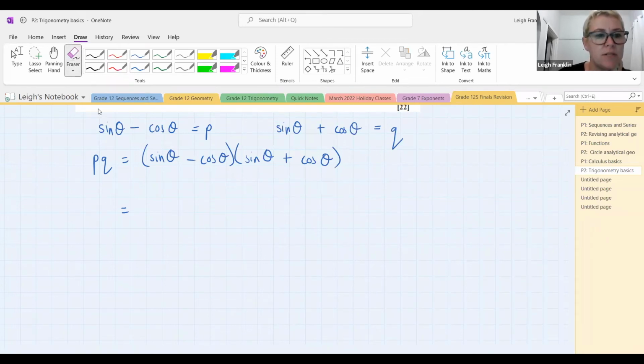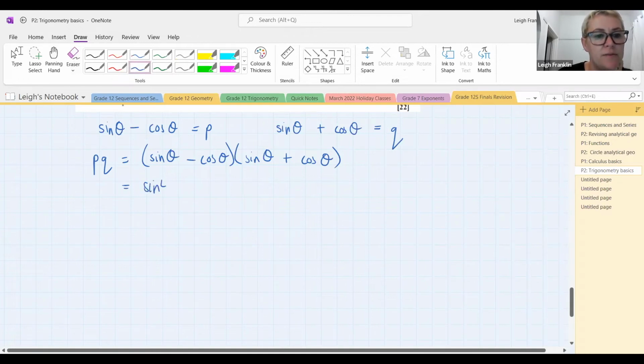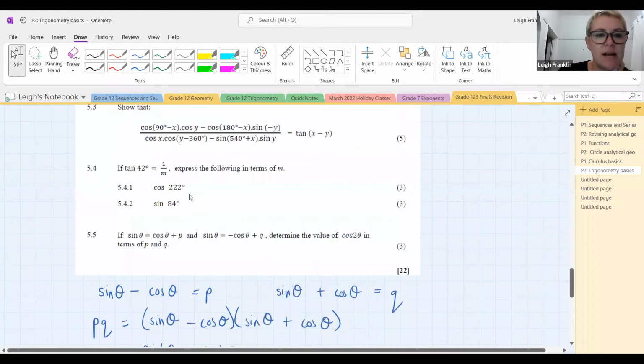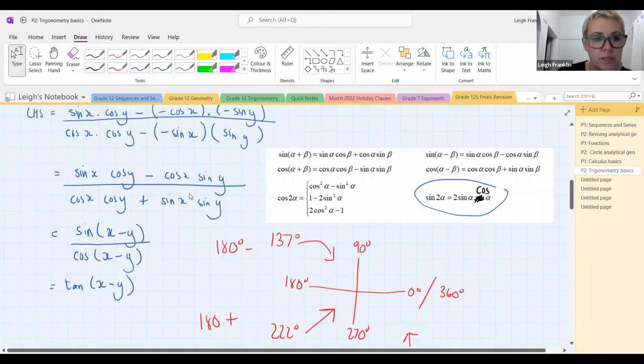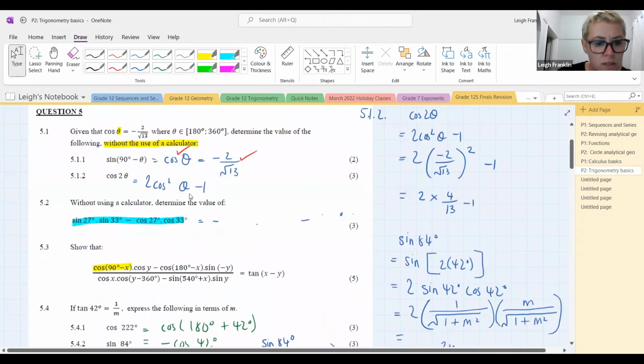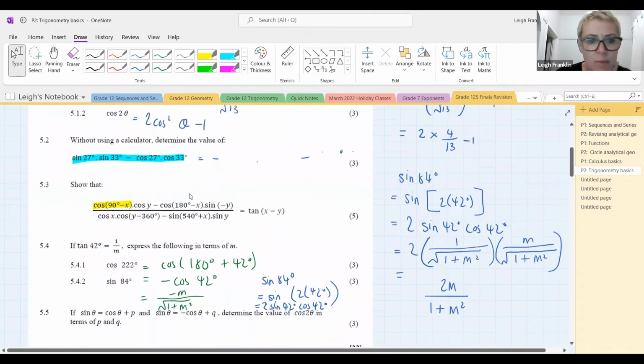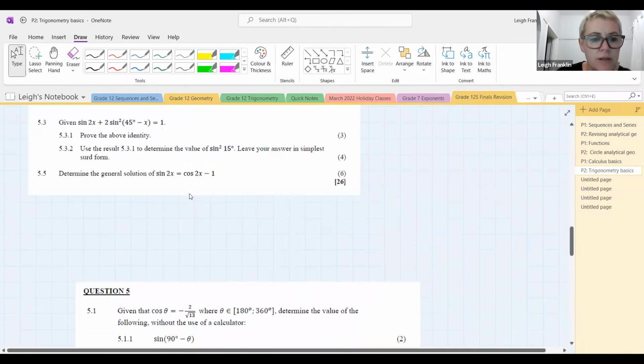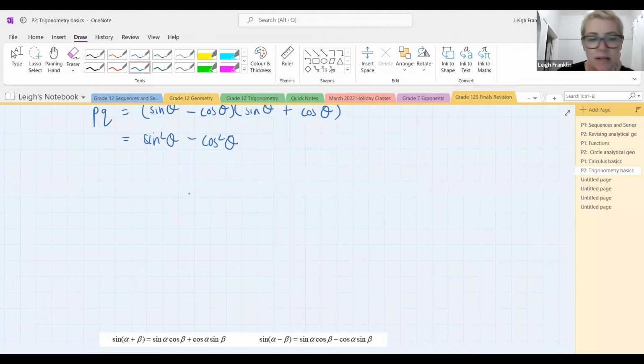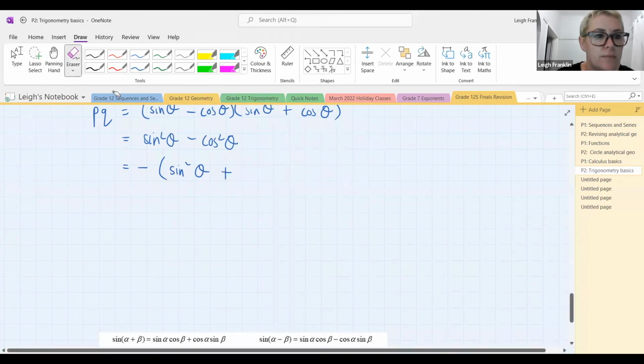I'm just going to rub that out and write it a little bit closer to the top. So this gives us sine squared theta minus cos squared theta. Just like we factorized out the negative, we can factorize out the negative here.